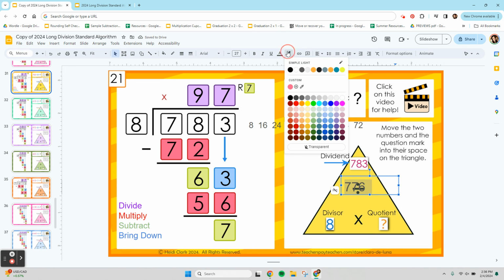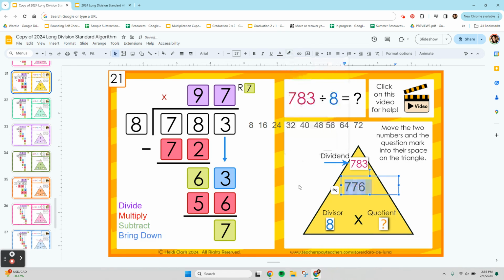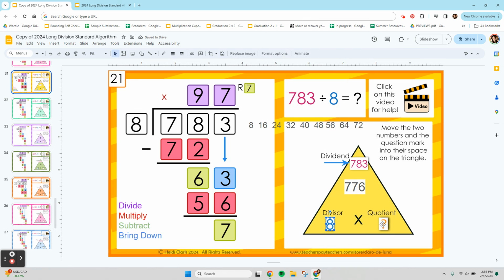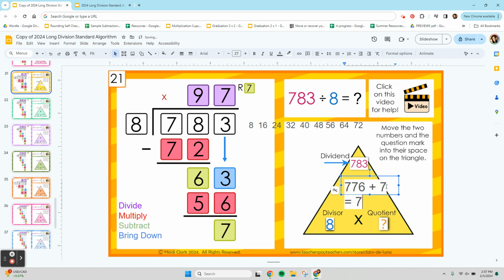So if you multiplied 8 times 97, you would get 776 plus 7, because that was part of it. It's remaining. And that would equal your 783. So that's how you check your answer is correct when there's a remainder involved.